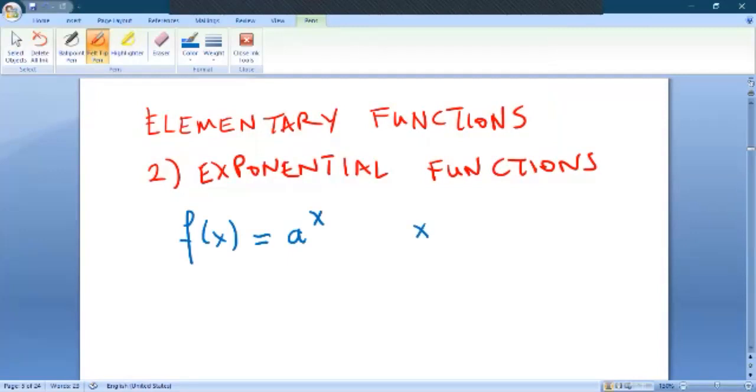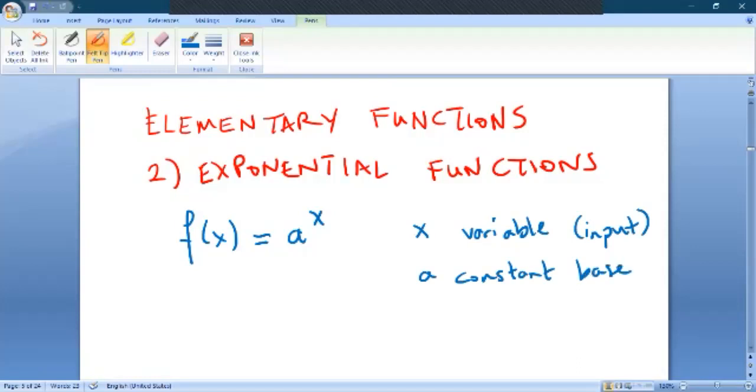So x here is the variable, actually it's the input, and a constant base. So the power is variable, but the base is constant.